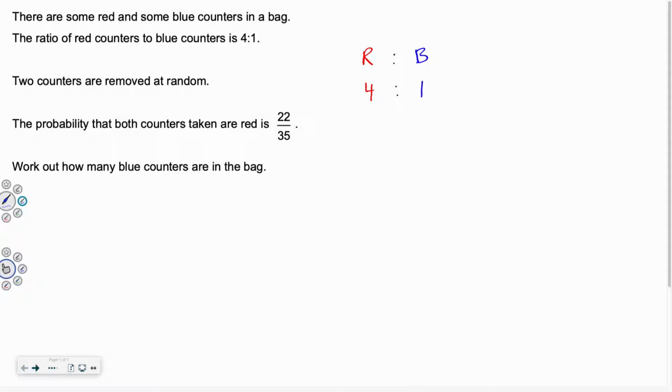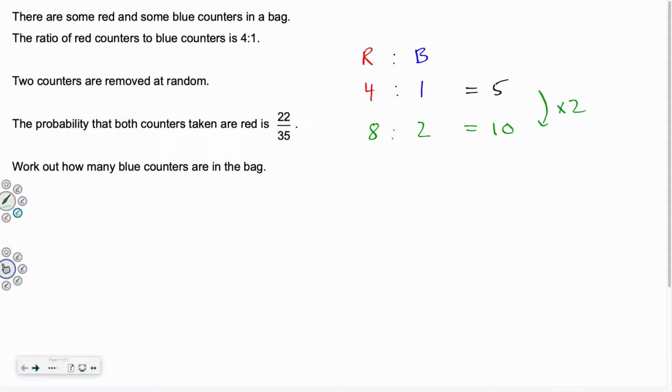We can't simplify that ratio any further. So we can say that that ratio, when we add them together, is equal to 5, okay? Now, if I wanted to scale this ratio up, I could scale it to 8 to 2, and then it would equal 10 by multiplying by 2, okay?